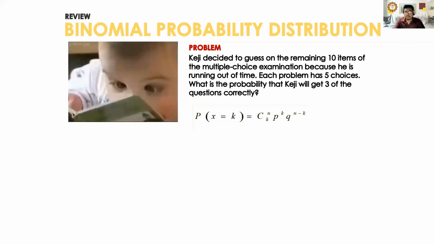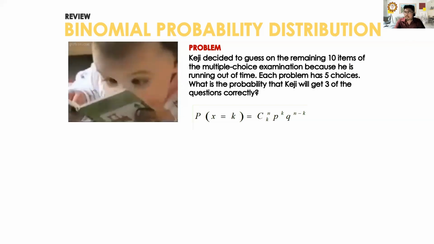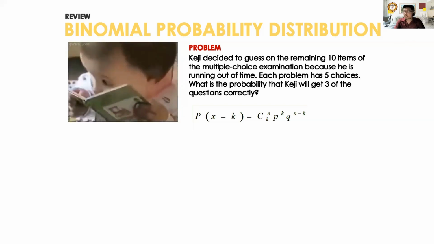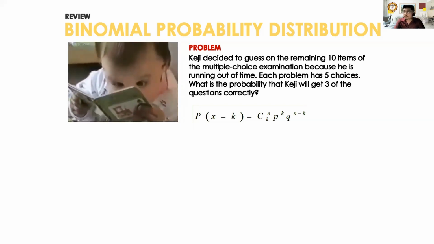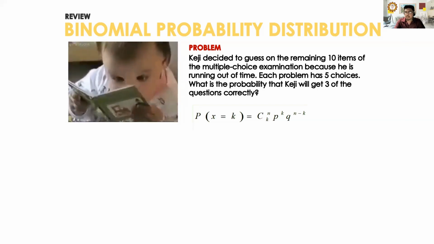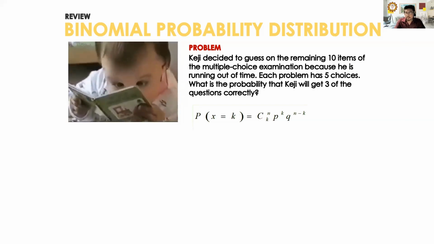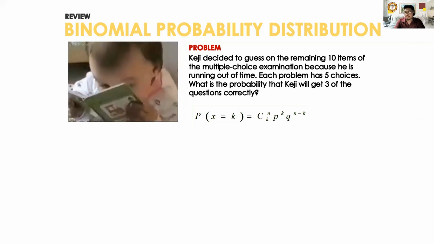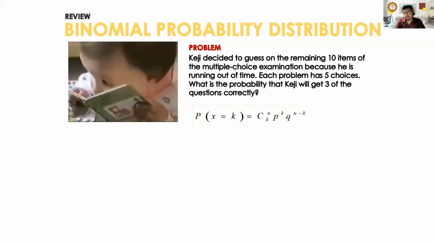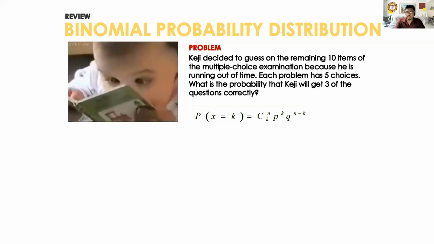And then your probability of getting a correct answer on each item is the same because each item has 5 choices. And then the trials are also identical. So it's a multiple choice with 5 choices all throughout. And then there are only 2 possible outcomes, either correct or wrong.